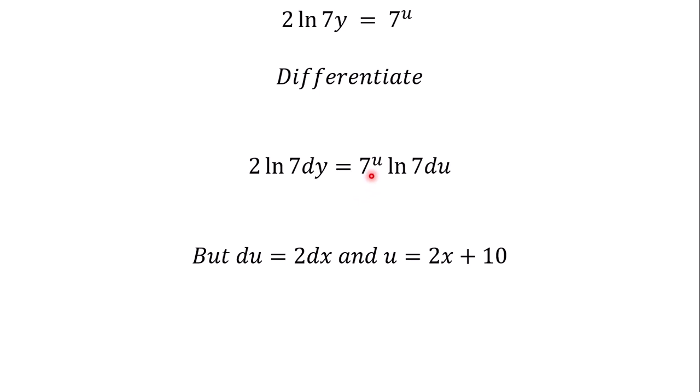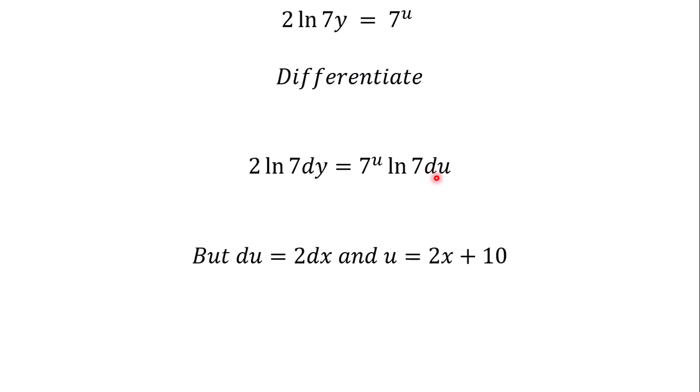So 7 raised to the power u, we know that u is equal to 2x plus 10, and we also know that du is equal to 2 dx. This is the reason why I said in the other part that there's no need finding du, we should leave it as it is, because here we are just going to put it back.